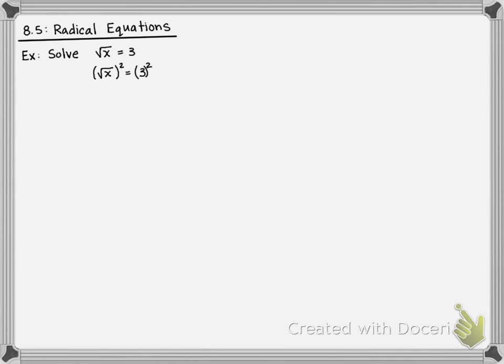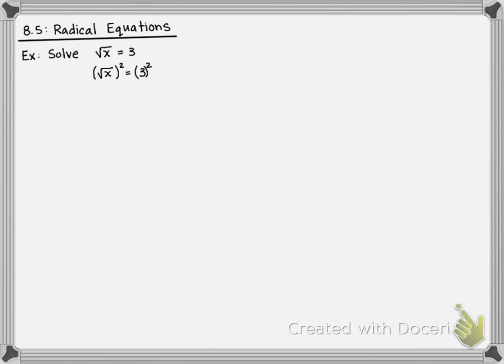I always put both sides in parentheses because it's really tempting sometimes to square each term. In this case, we don't have more than one term, but it can be tempting to square each term as opposed to squaring the entire left and right side, which is what we want to do, the entire left side to the second power and the entire right side to the second power. We'll talk more about that when we have more terms to work with.